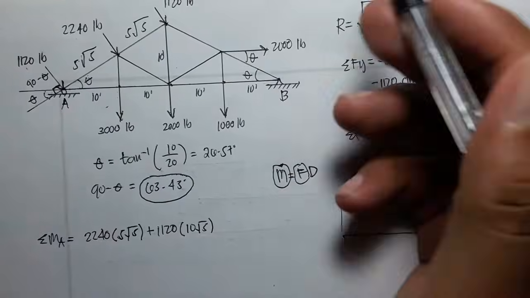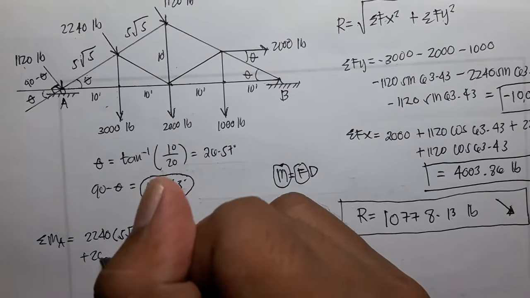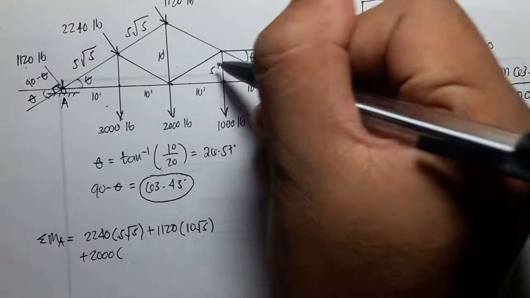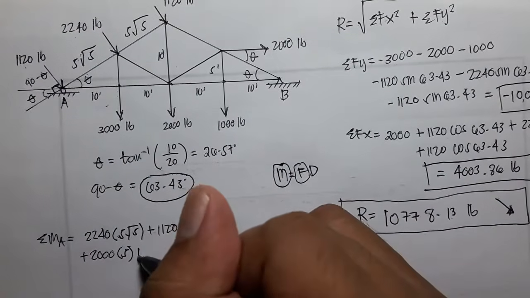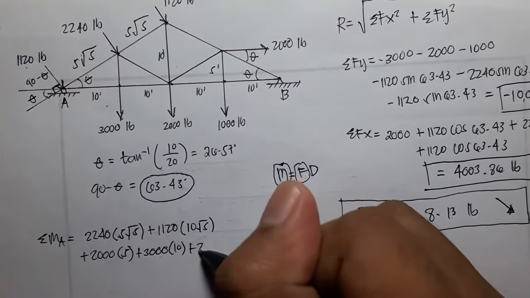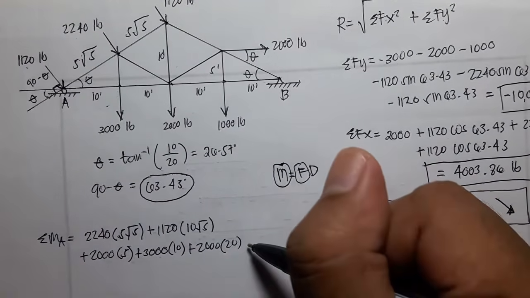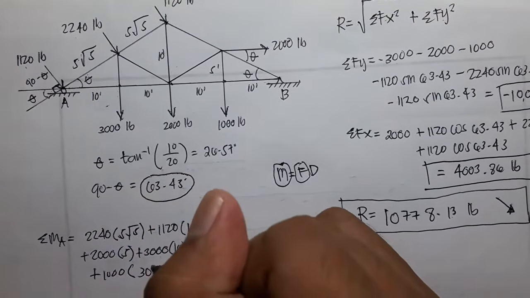Then we have plus 2000 times 5, then plus 3000 times 10 plus 2000 times 20, then plus 1000 times 30.